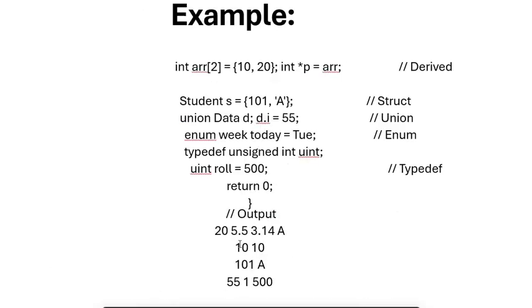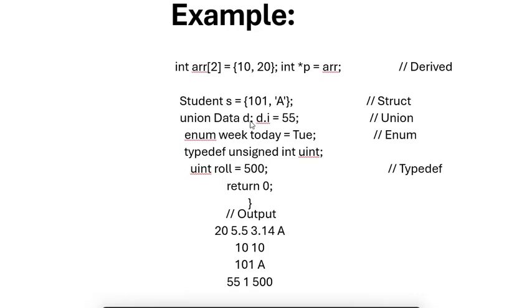Yes, we got it. Let us check 10 and 10. Here, it has taken the initial value of the array twice. And 101 and A. Here, student s is 101 and A. Student id is 101 and A is the grade of that student.